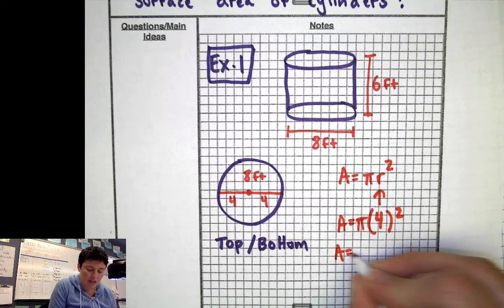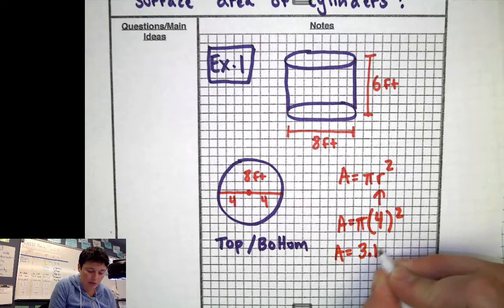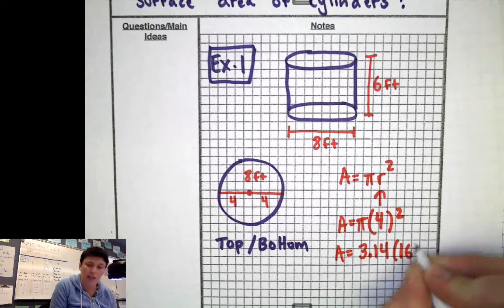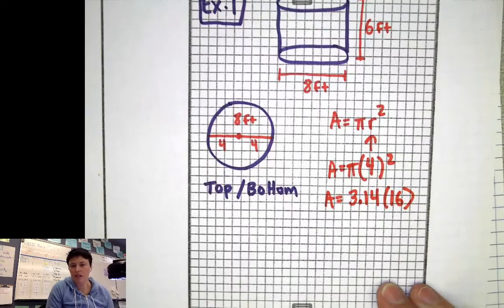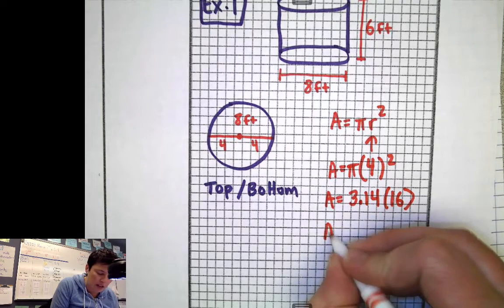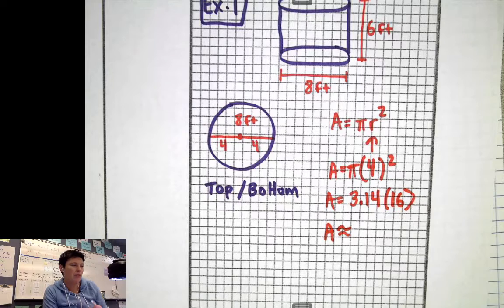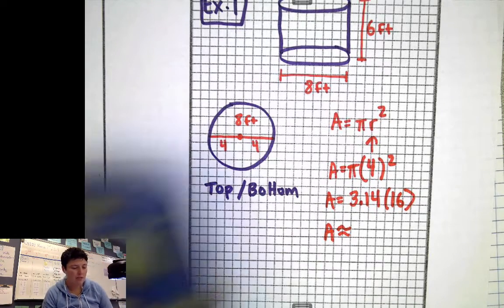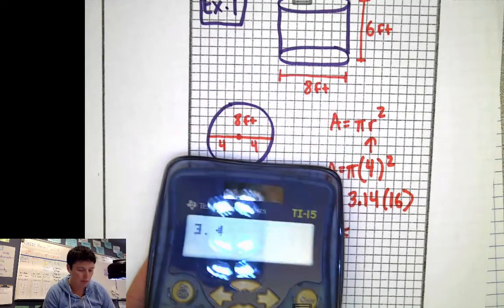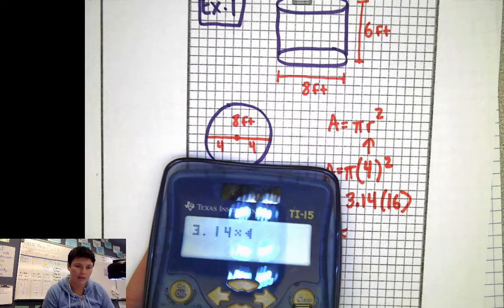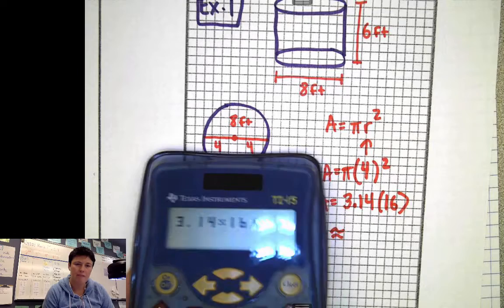So our area is going to equal pi, which is 3.14, times 16. And we're going to use a calculator to do that. I know my answer is going to have a wiggly equal sign because we're rounding. The pi number is not really 3.14. It's a much longer decimal than that. But my rounded answer, 3.14 times 16.